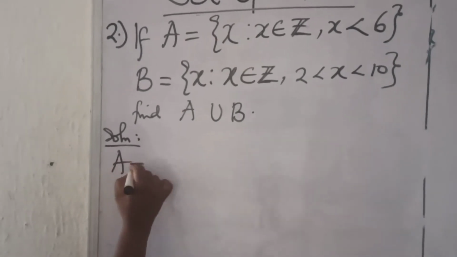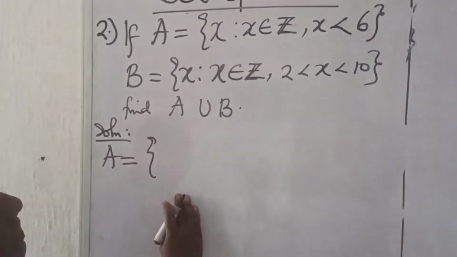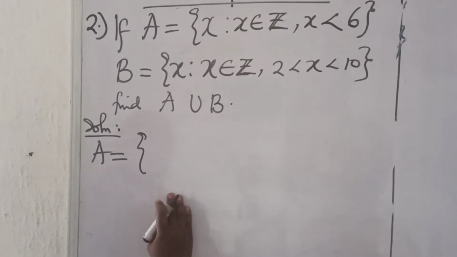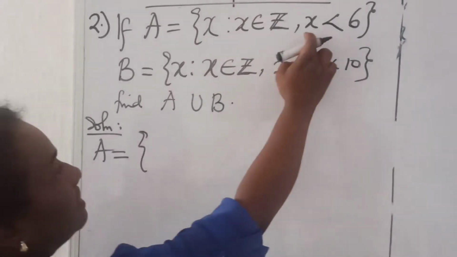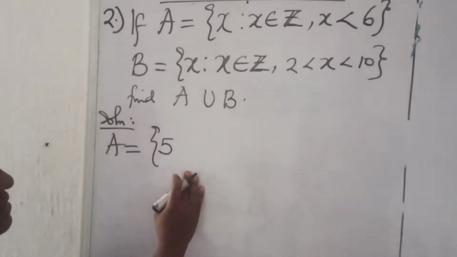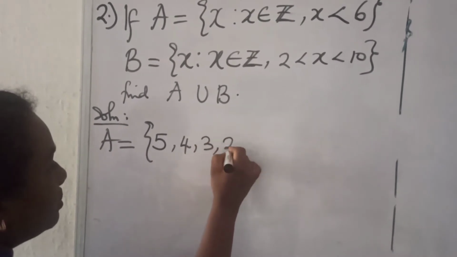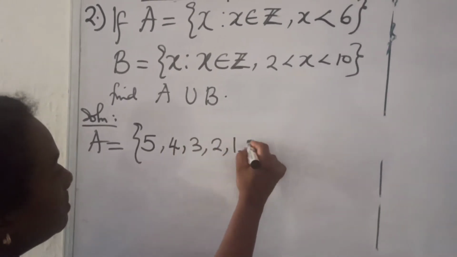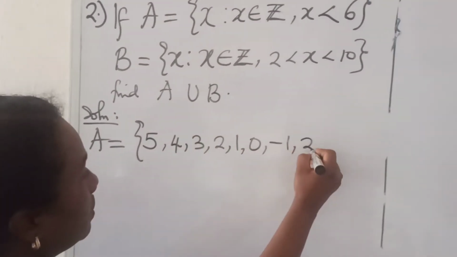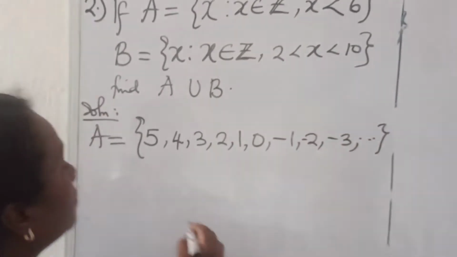Set A is equal to the set of integers such that x is less than 6. Numbers that are less than 6, we have 5, 4, 3, 2, 1, 0, minus 1, minus 2, minus 3, and so on.